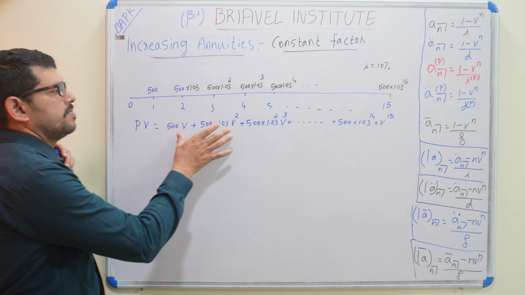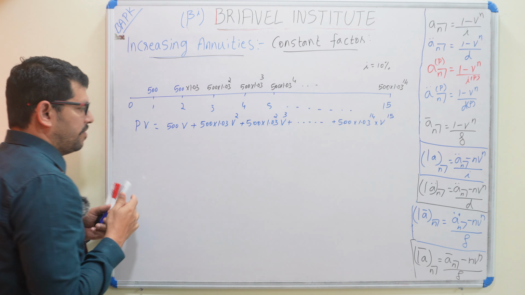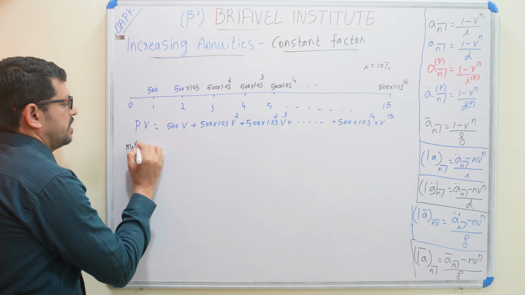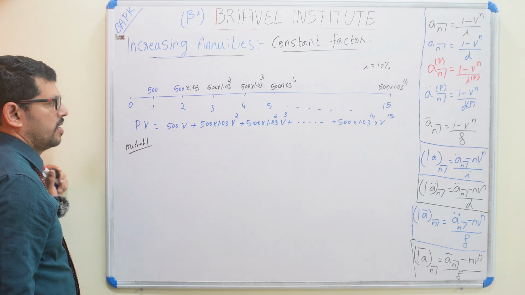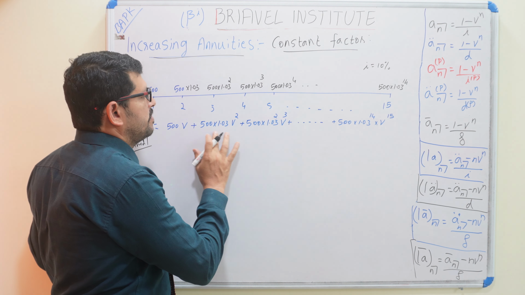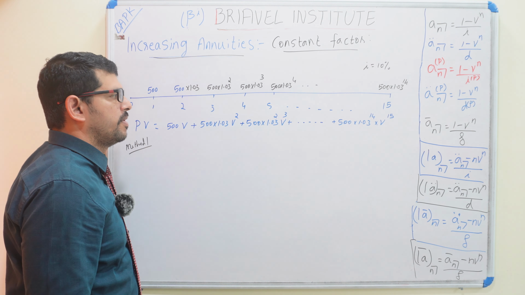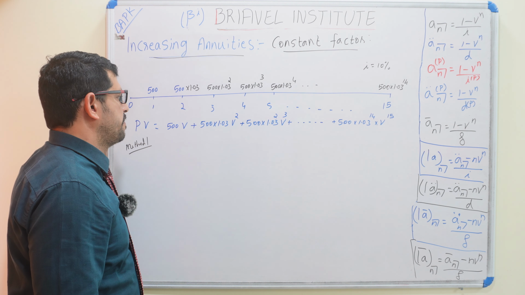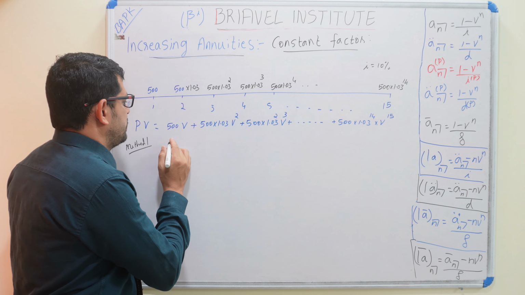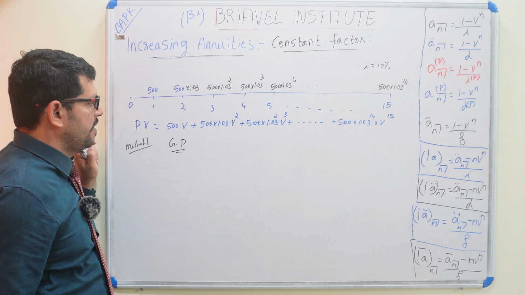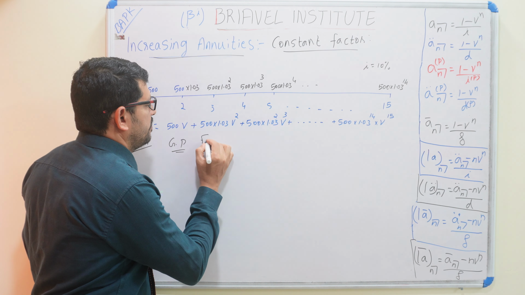So how to solve this one? This equation is solved by using method 1. First method, we can solve by using the geometric progression. So using geometric progression, we know the first term. What is the first term?